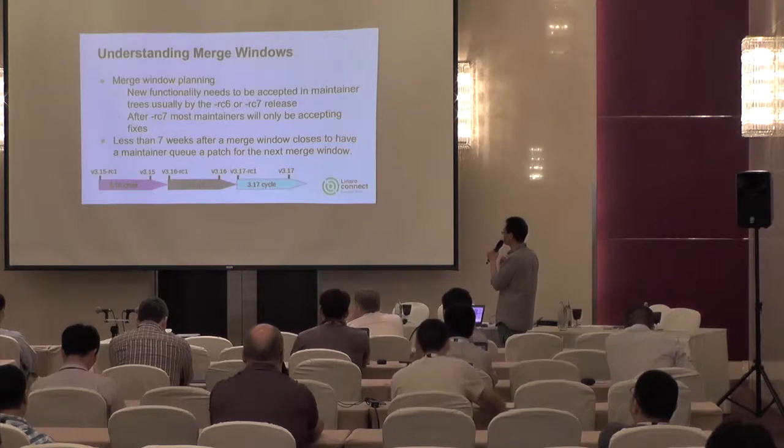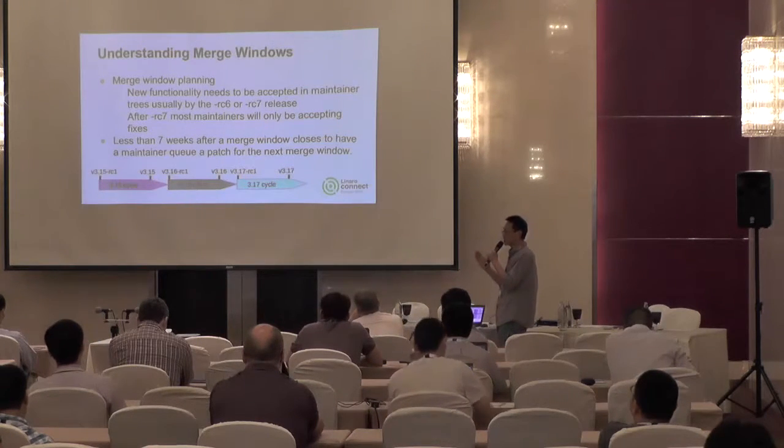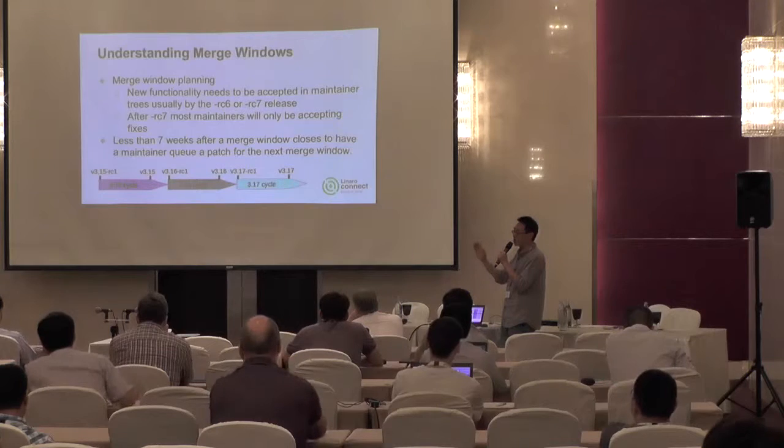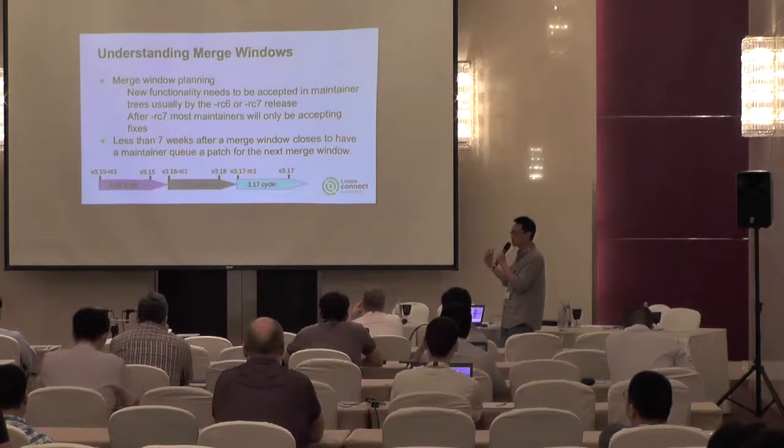After RC7, most maintainers will only accept fixes. Even if there is an RC8 or RC9, the maintainers don't want to take any risk, so they don't want to take any new functionality drivers into their own repository. So finally, your patch cannot be merged into the Linux repository.